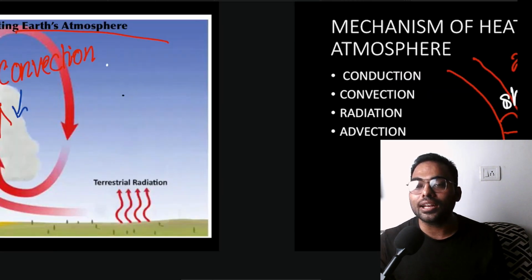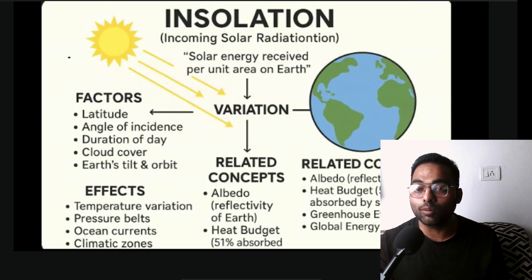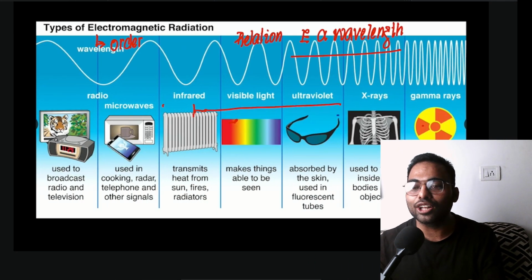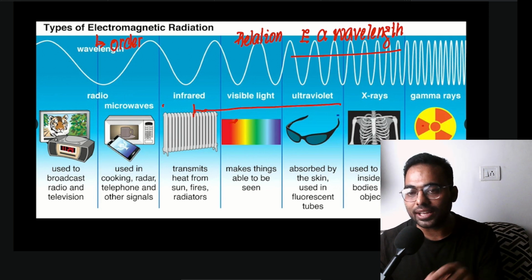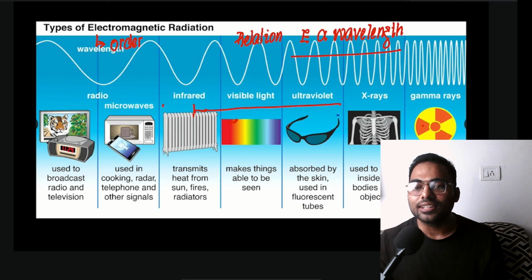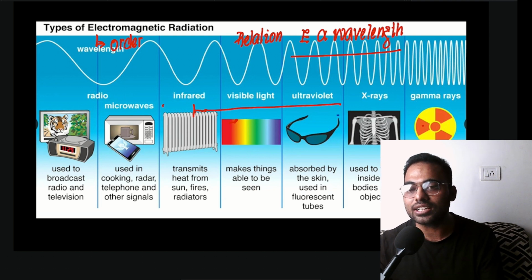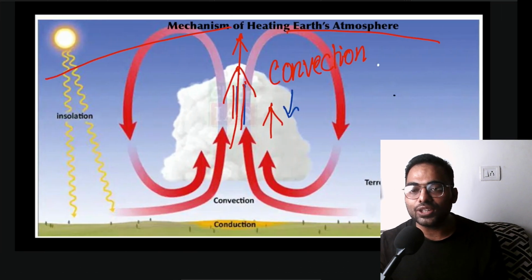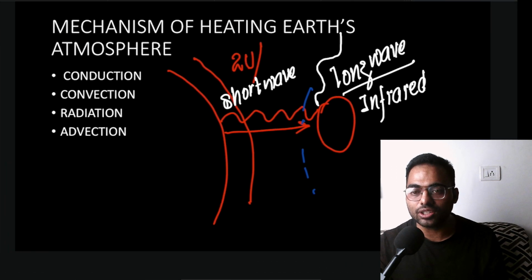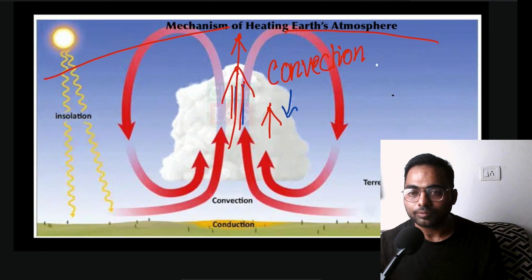So let's just quickly repeat. We began our discussion with what insolation is. Insolation is nothing but incoming solar radiation. We understood the electromagnetic spectrum with gamma rays, followed by X-rays, then ultraviolet, then visible light, then infrared, microwaves, then radio waves. We saw that insolation lies between ultraviolet, visible, and near infrared, not infrared, with visible light forming the major chunk of it. Then we understood convection and radiation.